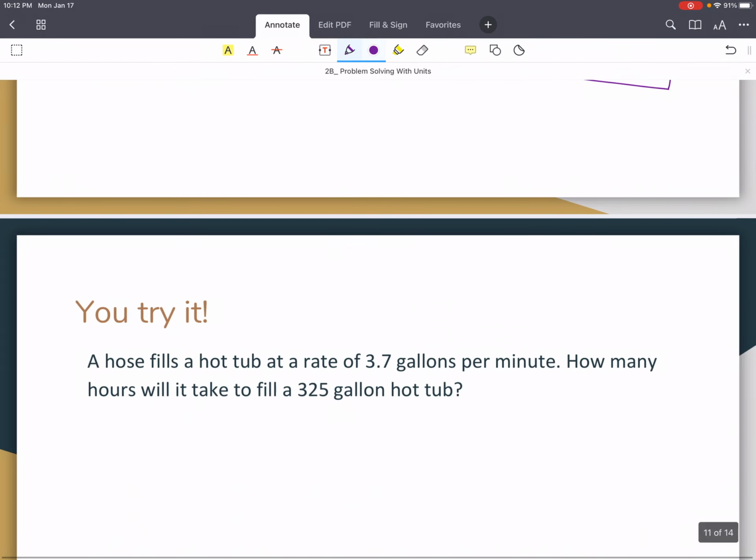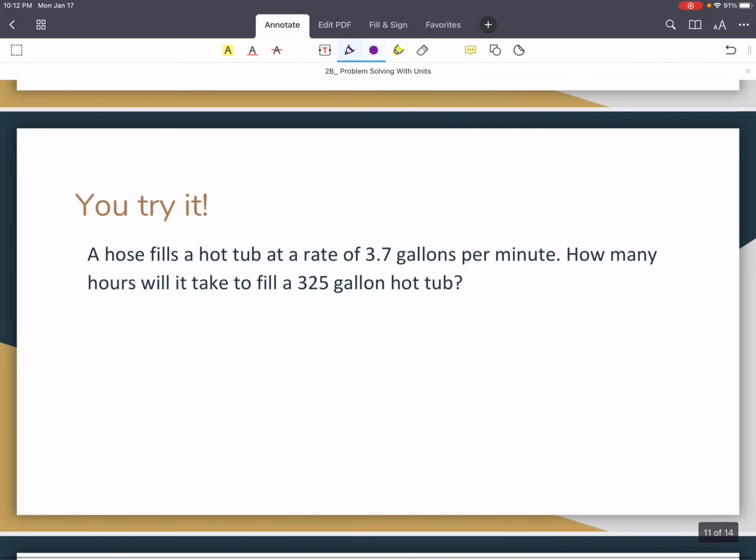Okay, and our last example: a hose fills a hot tub at a rate of 3.7 gallons per minute. So I like to write that down before I get started. How many hours will it take to fill that size hot tub? So this is what my final answer needs to be in.